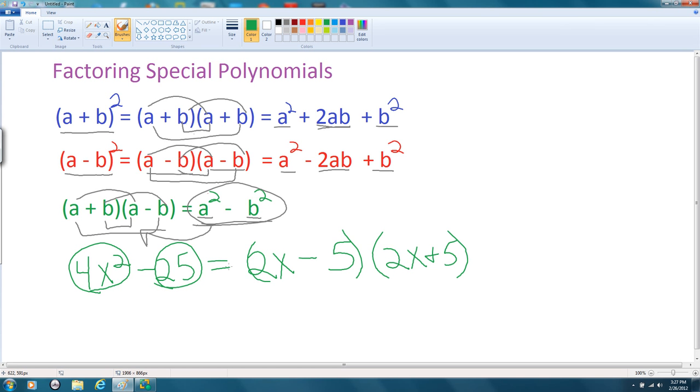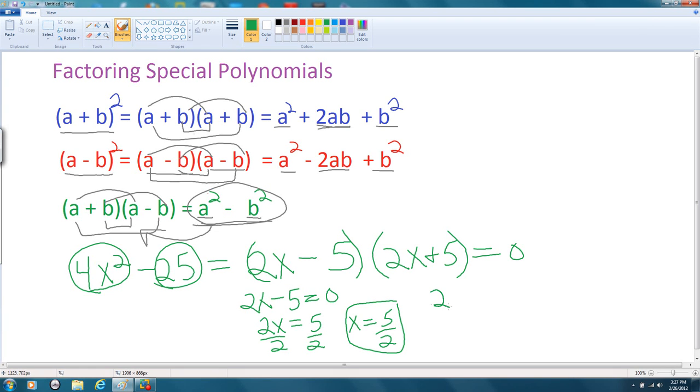If this is an equation, I know this is equal to 0. Then I can go ahead and solve this. I'll get 2x minus 5 is equal to 0. Adding 5 to both sides, I get 2x is equal to 5. And dividing each side by 2, I get x is equal to 5 halves. So that's one solution.